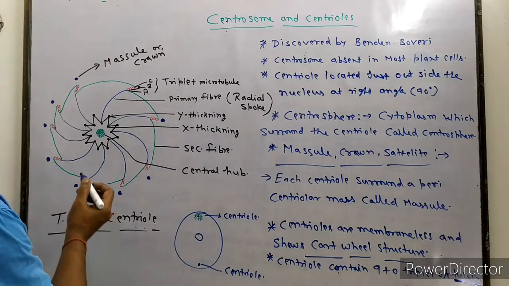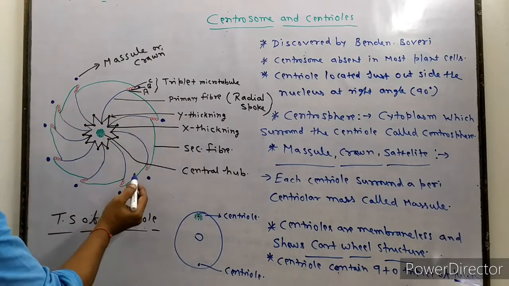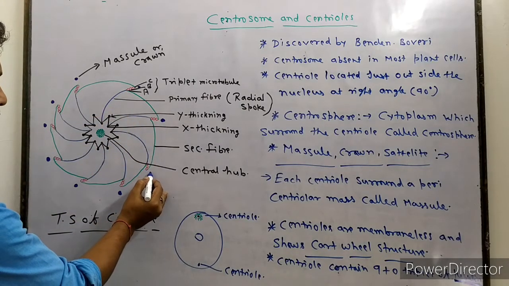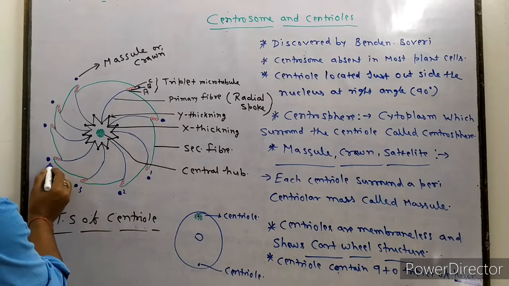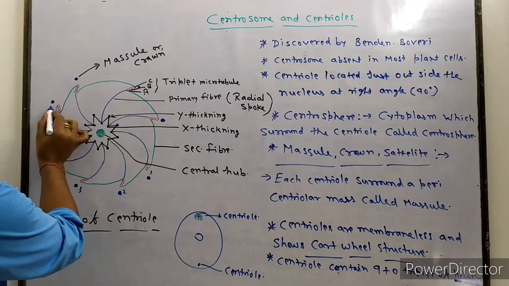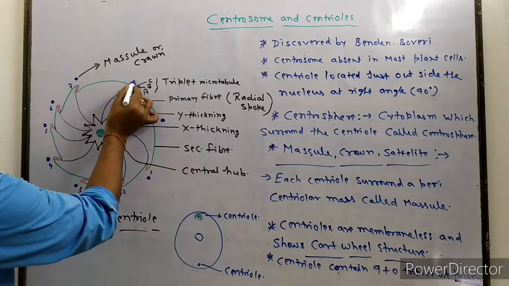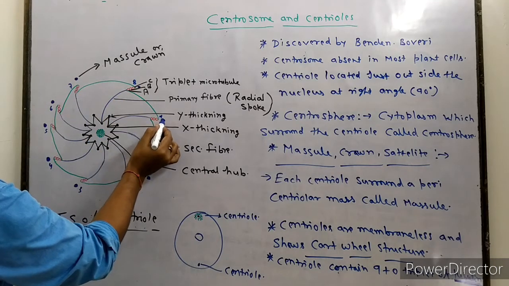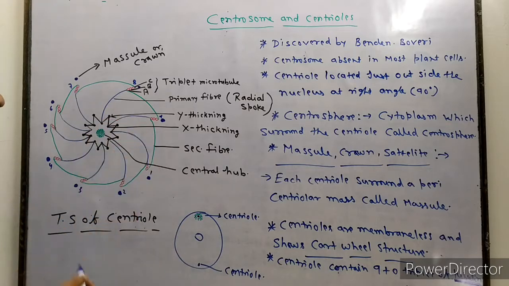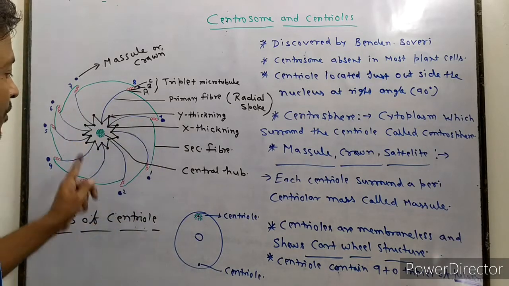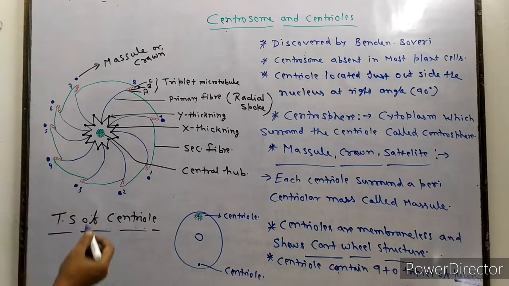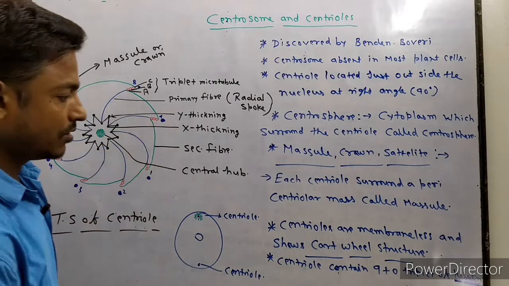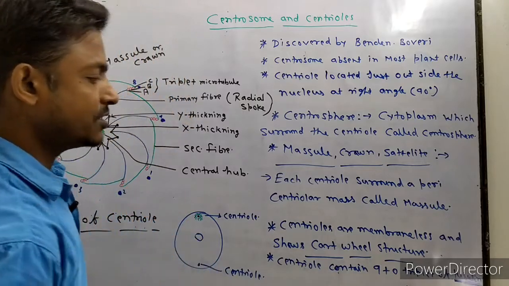Suppose we count 1 2 3 4 5 6 7 8 9. So 9 triplets of tubulin are present, and 0 in the center, 9 plus 0.